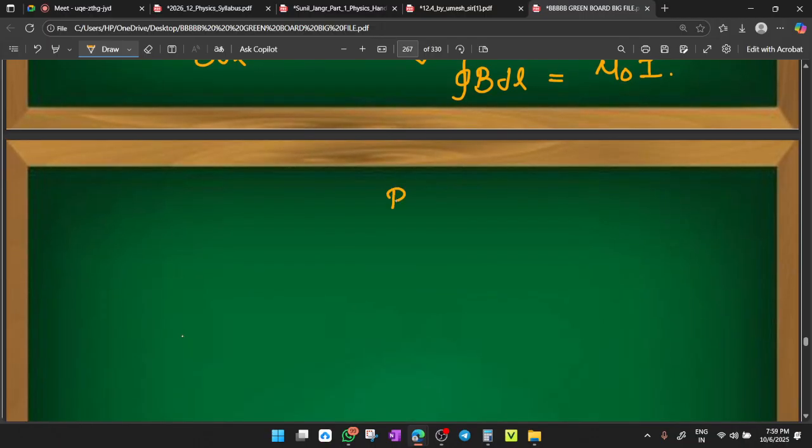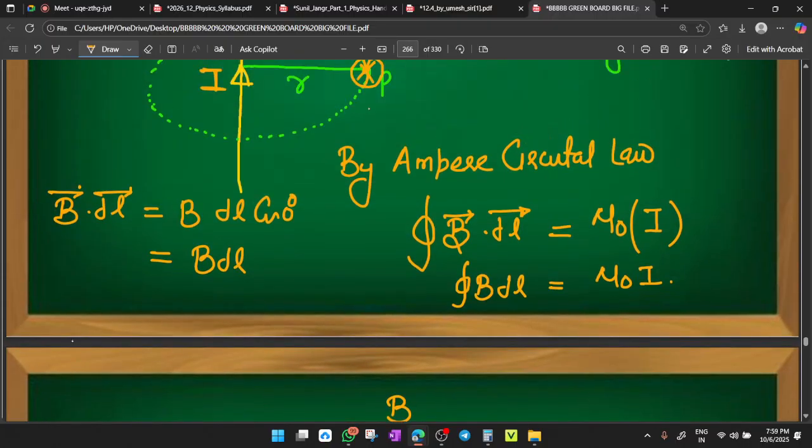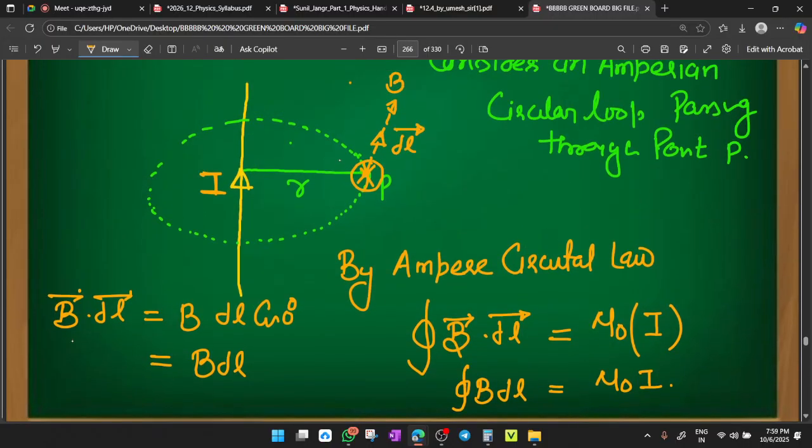Now B is constant everywhere, as the magnitude of the magnetic field will be constant because all the points are at the same radius r.